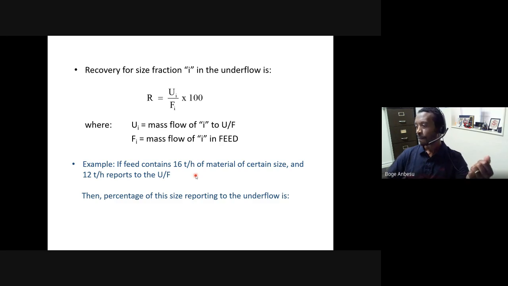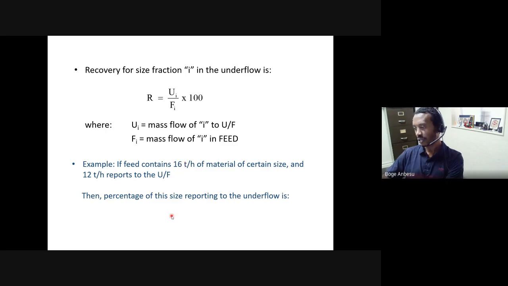Okay, so let's say of that 16 ton per hour particular size fraction, 12 ton per hour went to the underflow, which means the remaining 4 ton per hour actually went to the overflow. So when we write percentage reporting to the underflow, it is 12 divided by what we initially had in the feed, which is 16.